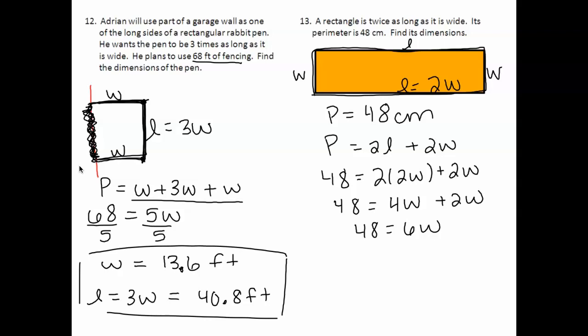So we're going to just solve our problem. If you go back to geometry, perimeter of a rectangle, which is a normal shape, is 2 times length plus 2 times width. In this case, our length is twice the width, so we substitute that in, multiply, combine like terms, and then divide.